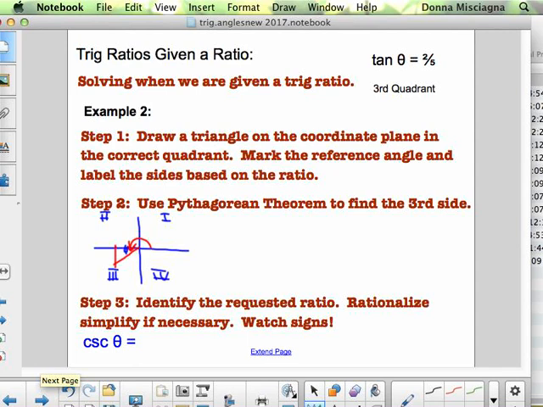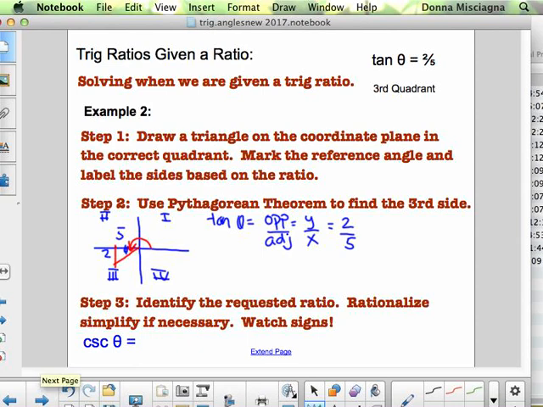We are given tangent, and tangent uses opposite, which is y, over adjacent, which is x. So that means the y is 2 and the x is 5.